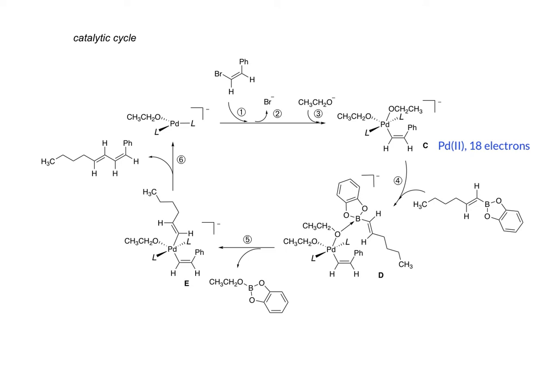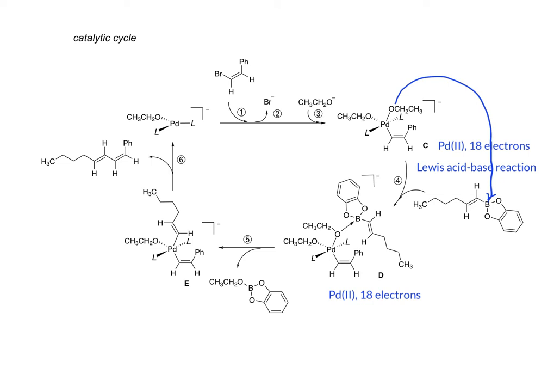Step 4 is a Lewis acid-base reaction. One of the alkoxide ligands is nucleophilic, reacting with the electrophilic boron, generating intermediate D, which fulfills the octet rule on boron.